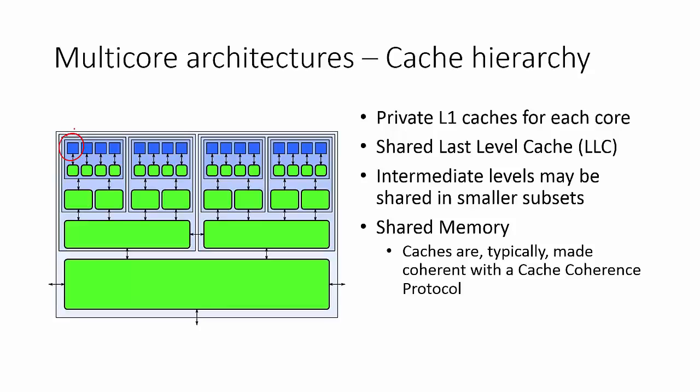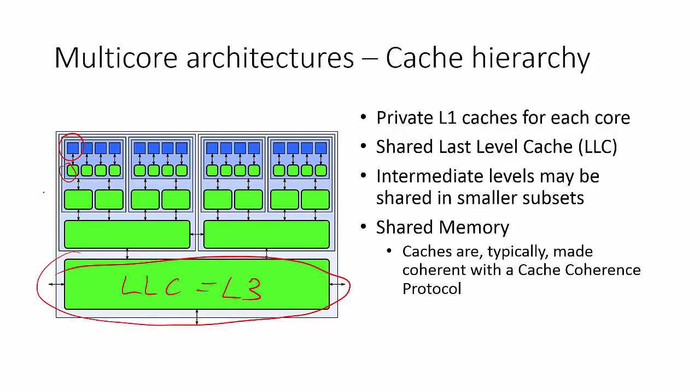Typically, these cores have private level 1 caches for instructions and data, and there is typically a shared last level cache. In most processors today, the last level cache is the level 3 cache.